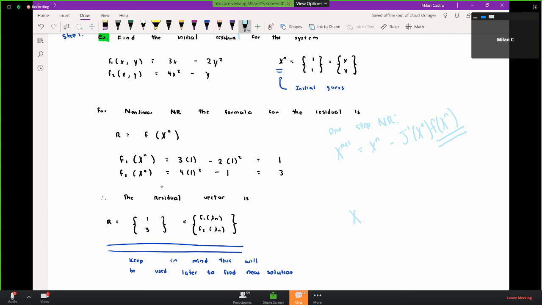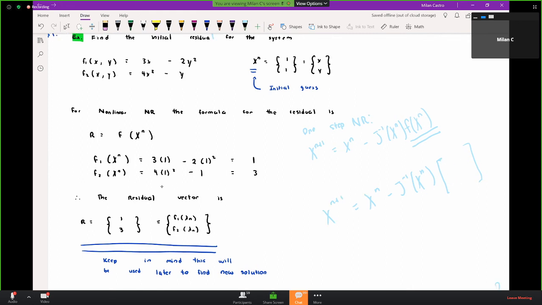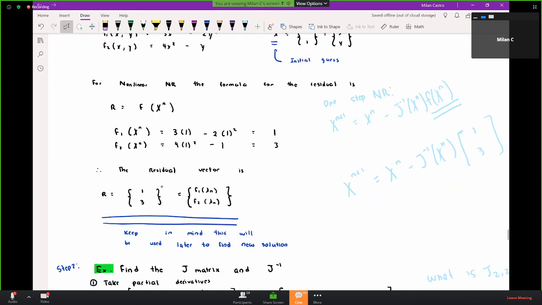So now we can write this after this step, or I can put the actual values in there to maybe make it easier. So now we have these two values here.